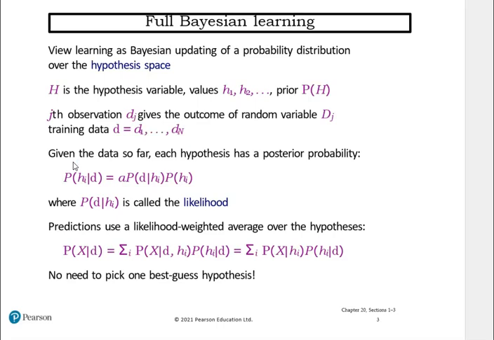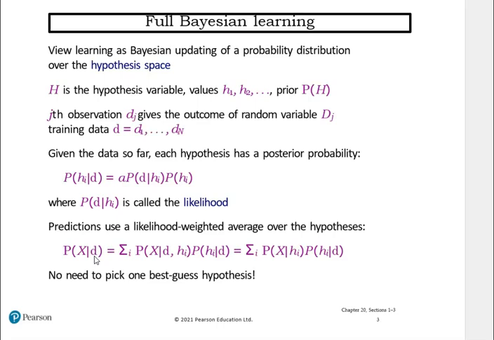Now, like I said, once we calculate all these posterior probabilities, then we can use them as weights to get a final prediction by averaging each prediction from each hypothesis based on its posterior probability.